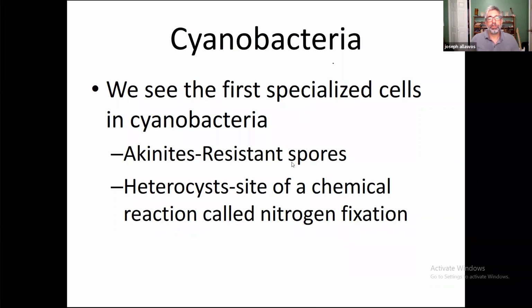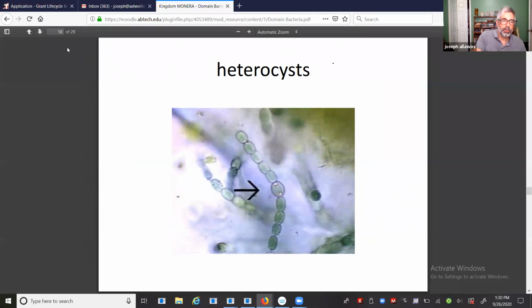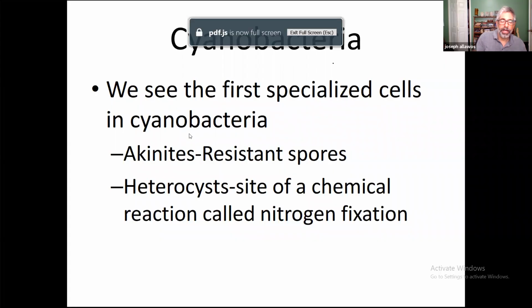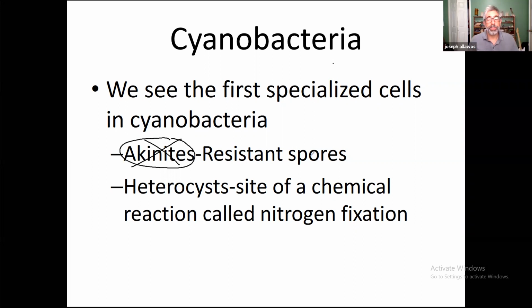So we won't worry about this word here. Oops, shoot. Now look what I've done. We won't worry about this word, akinete. I'm not going to hold you to that word, so you don't have to know it. An akinete is a resistant spore.